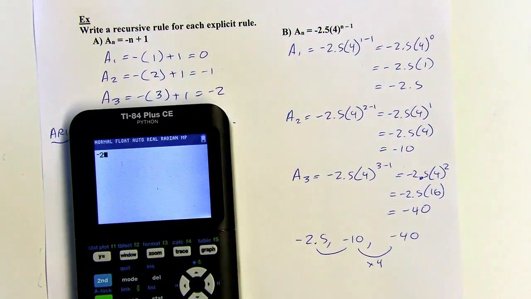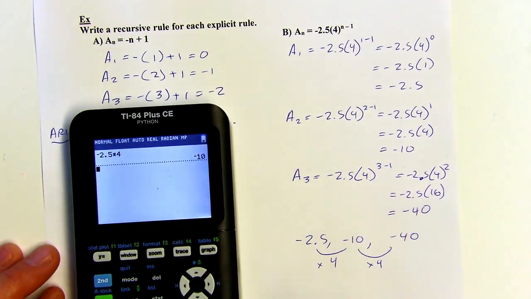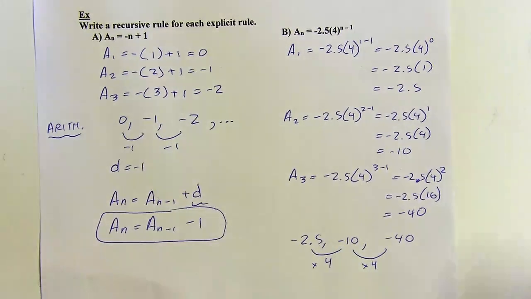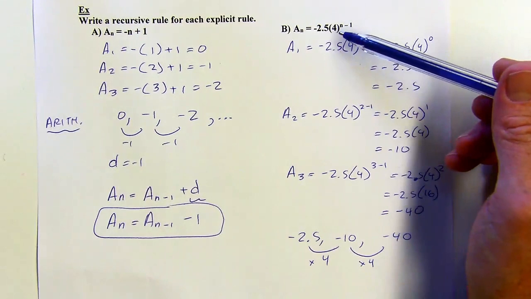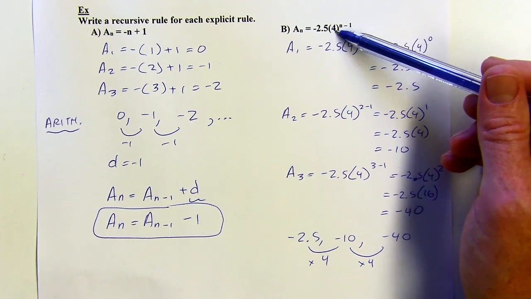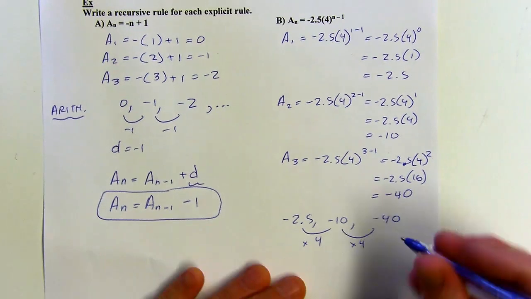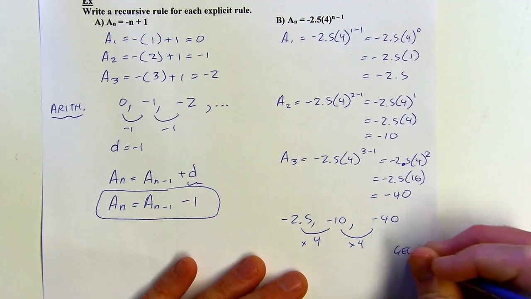Negative 2.5 times 4 equals negative 10. So this is also 4. Okay? And if you know where to look, if you think about the explicit formula, this is going to be the ratio. So if you recognize that, that works too. Okay? So this one now I know it's geometric.